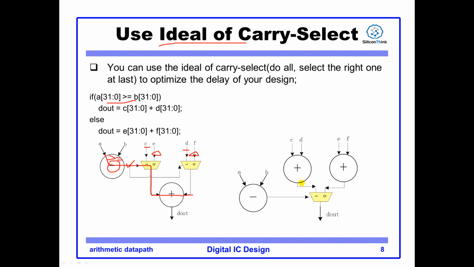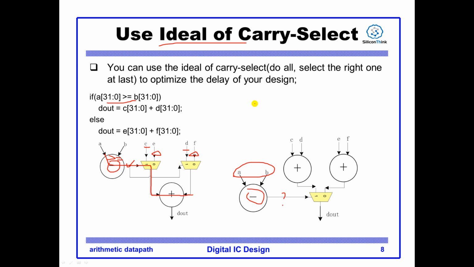So this is another architecture. We don't know the relationship between A and B, so we guess them all. We calculate C, D, E, F along with the AND operation and the sub operation, then select the right one when the output of the sub is stable.